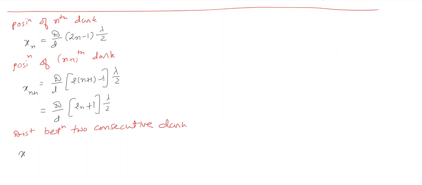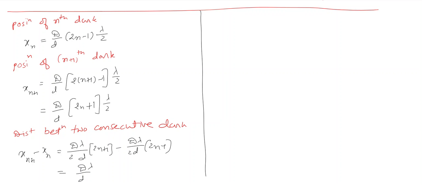It is nothing but xn plus 1 minus xn, that is D lambda by 2d, 2n plus 1, minus D lambda by 2d, 2n minus 1, and ultimately you will end up with D lambda by d. Sorry, this should be small d. What about the bright fringe? Let us try that also.